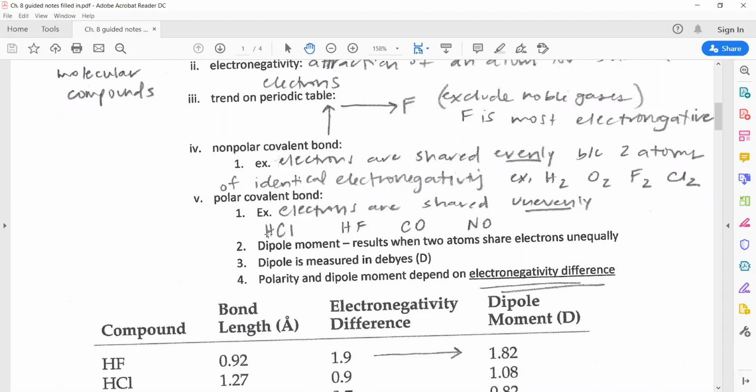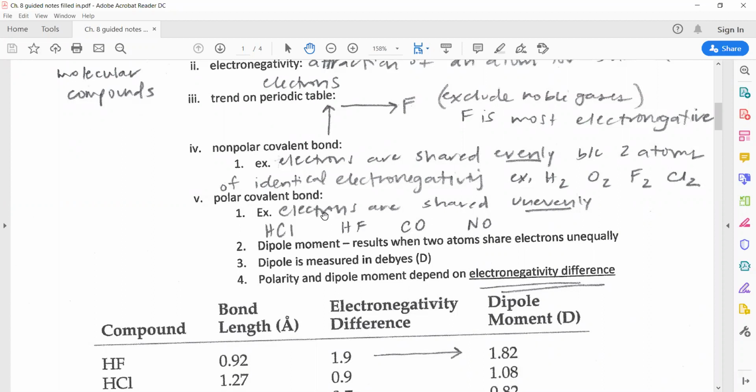Hydrogen is very wimpy and pulls on the electrons with very little strength. So if you can imagine the electrons being shared, they're going to be shared, but they're going to be closer to chlorine than hydrogen. Similarly with HF, it's two different atoms, so fluorine is pulling on the electrons more strongly, and the electrons are going to reside closer to fluorine.